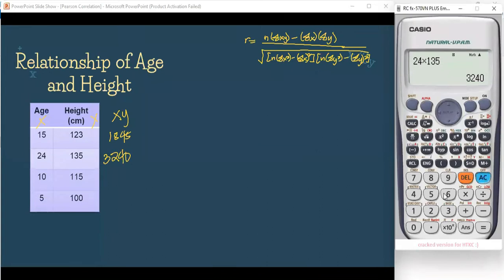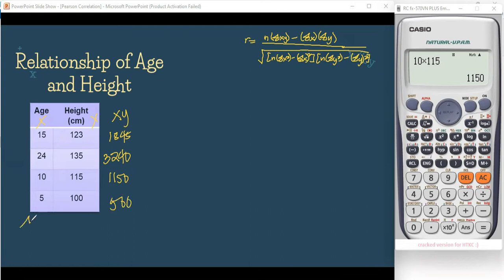So what about 10 times 115? That is 1,150. And 5 times 100, that is 500.